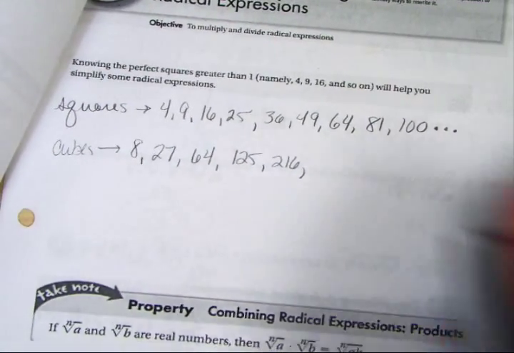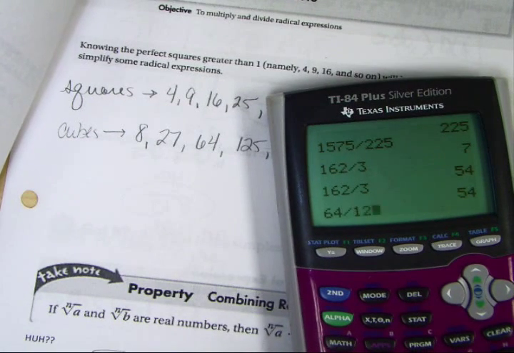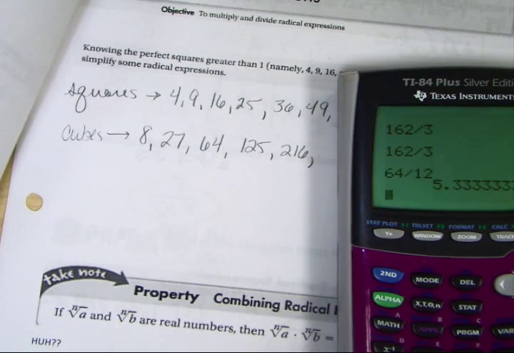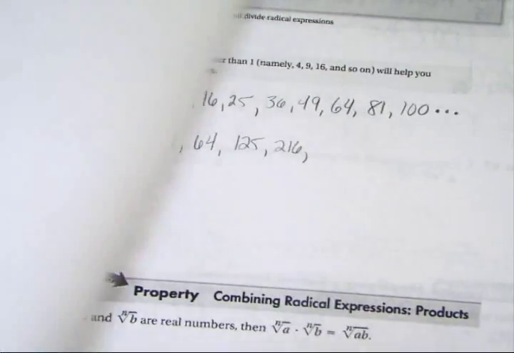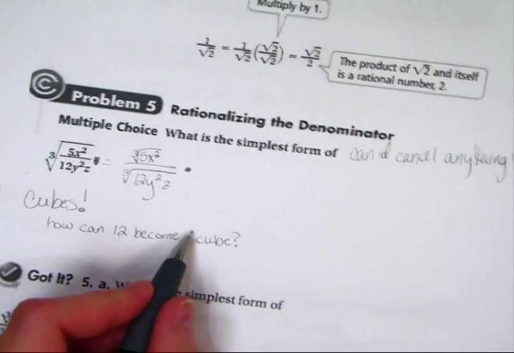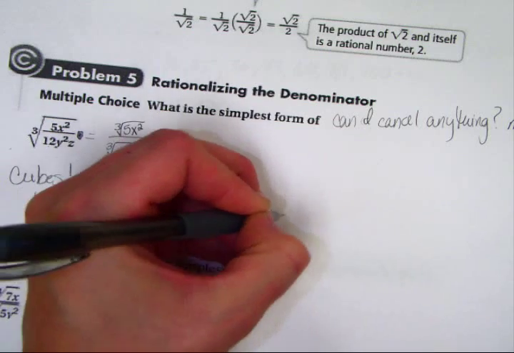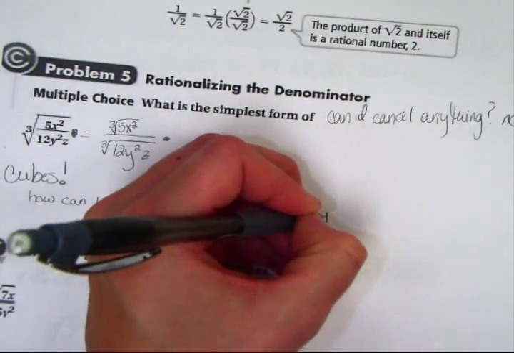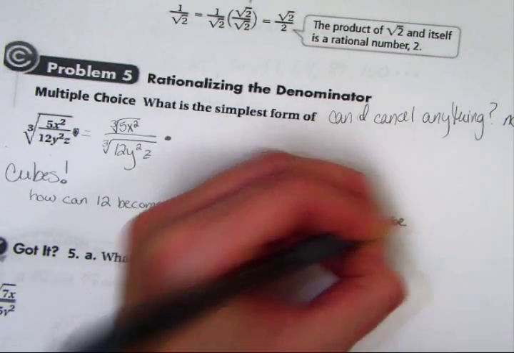And what about 64? Well, let's try it. 64 divided by 12. Nope. Can 12 become 125? No. What about 216? Alright, if we do 12 times 18, we'll be okay. How can 12 become a cube? 12 times 18 is 216, and 216 is a cube.